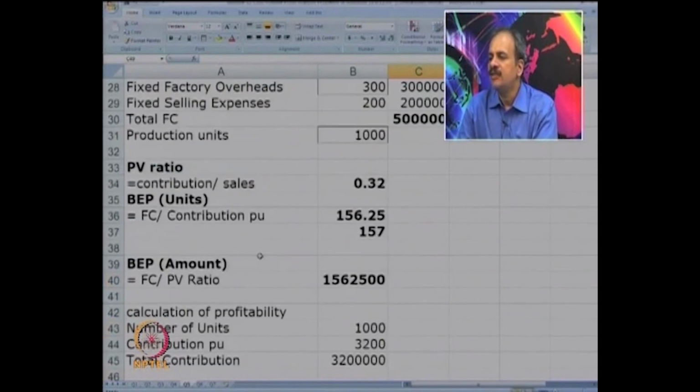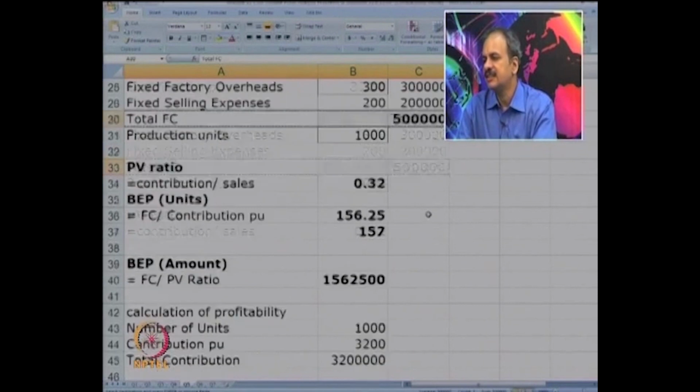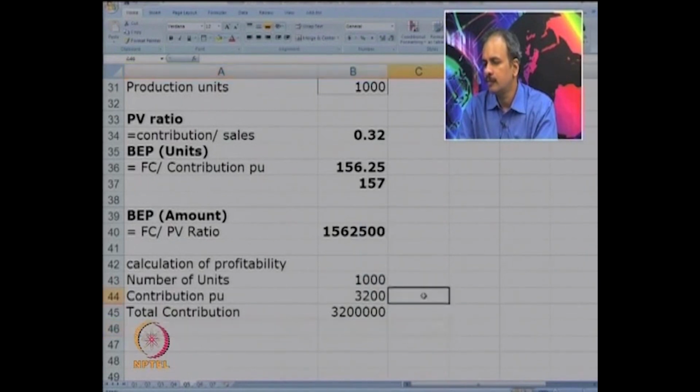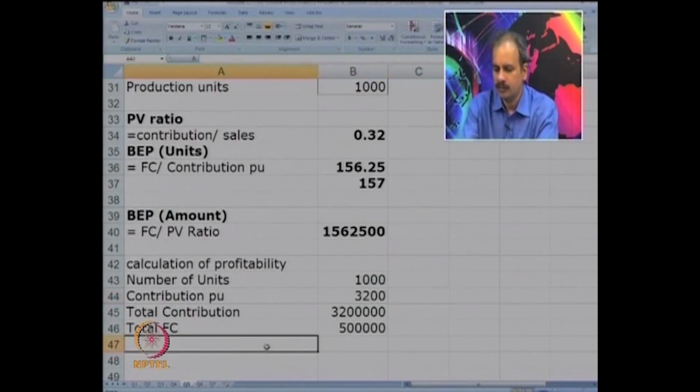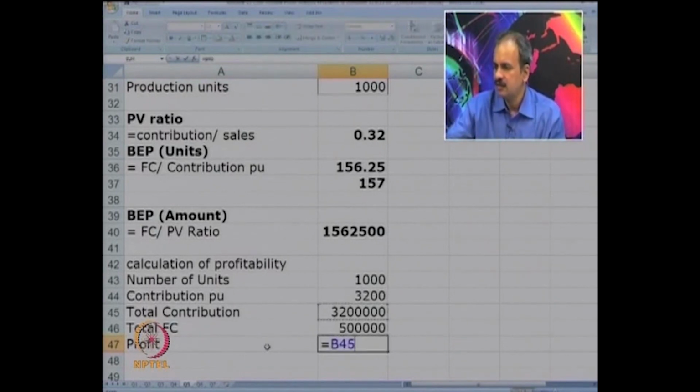From this, we have to pay or cover up a fixed cost of 5 lakhs. So profit is total contribution minus total fixed costs.